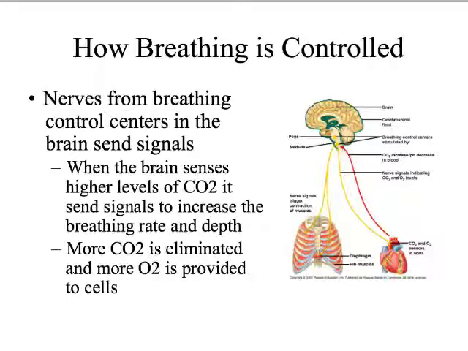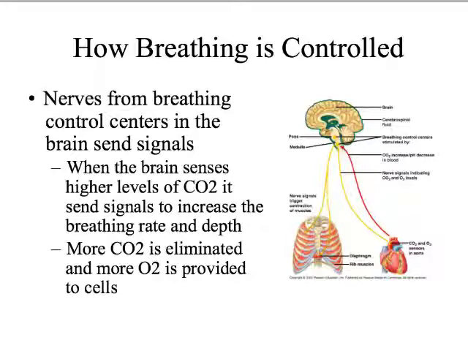Your brain also gets signals related to the carbon dioxide amount in your blood, because the most important function of breathing is to get rid of carbon dioxide waste. The second most important function is to get more oxygen. When the brain senses a higher level of carbon dioxide, it sends a signal to increase the breathing rate and depth.